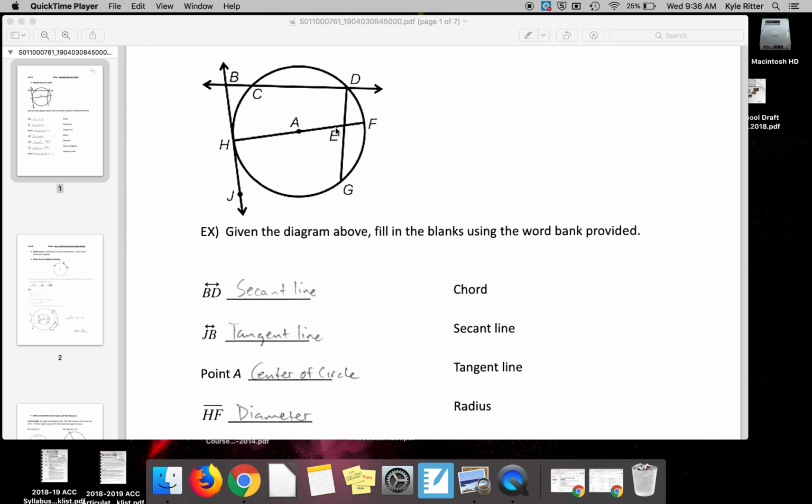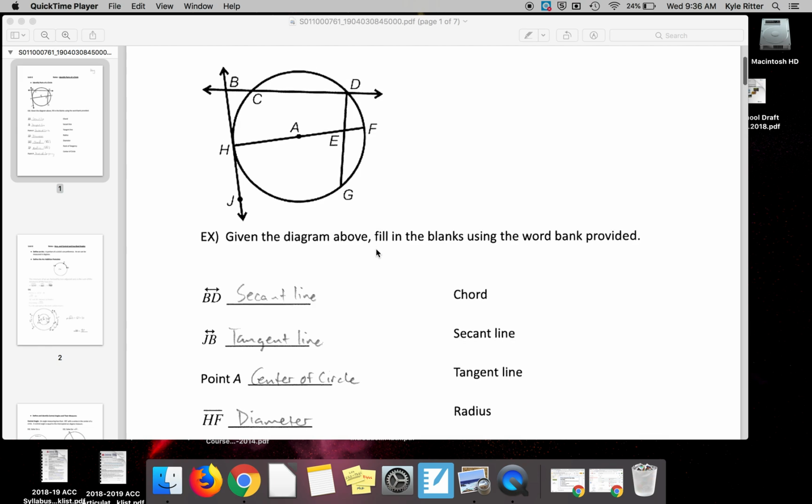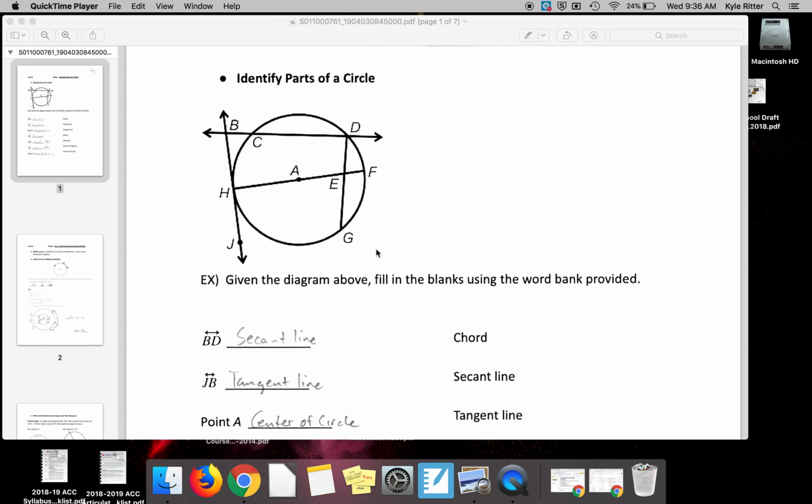We could say there's another radius over here. We could have a radius stretching from anywhere in the circle as long as it comes from the center to the outside. We call it a radius. So even though we normally just refer to one radius, there is basically an infinite amount of radii inside a circle. So there's some basic parts of a circle.